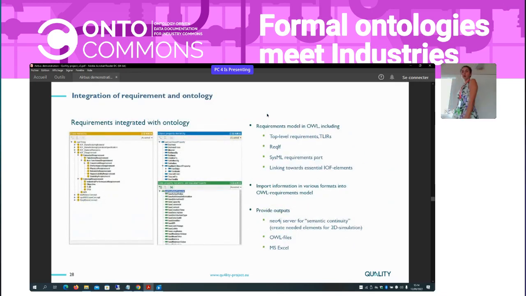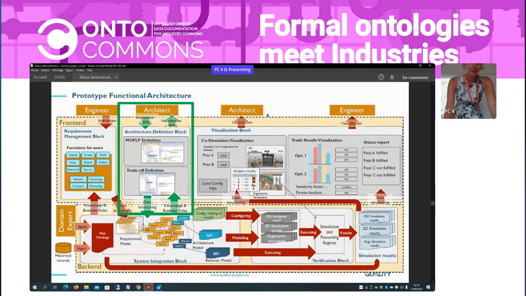This is the requirements ontology that we use, modeled in OWL, using the top-level industrial requirements as defined in Airbus. This is an application level, but later it was based on system requirements, specifications, and so on.